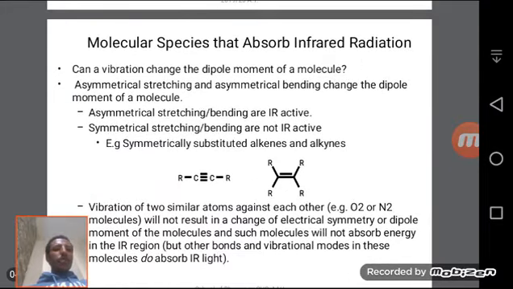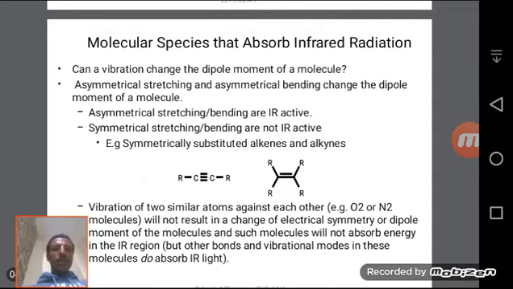Molecular species that absorb infrared. Which molecular species, or which part of the molecule, absorbs infrared radiation? Asymmetrical stretching and asymmetric bending change the dipole moment of a molecule. That means if there is asymmetrical stretching or bending, there is absorption of infrared light.